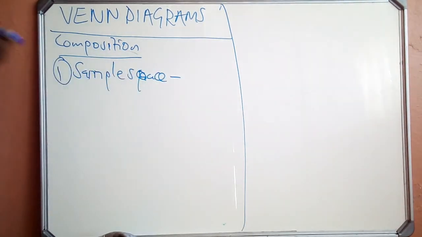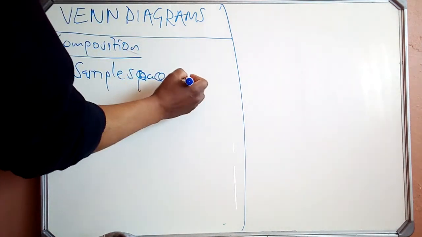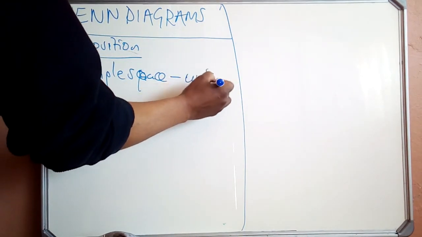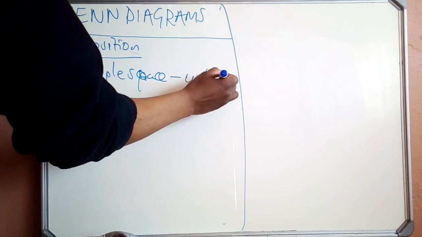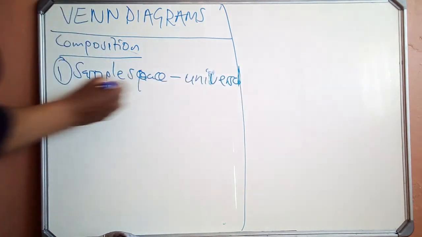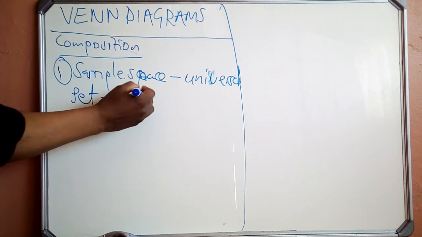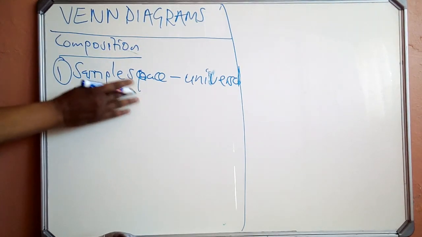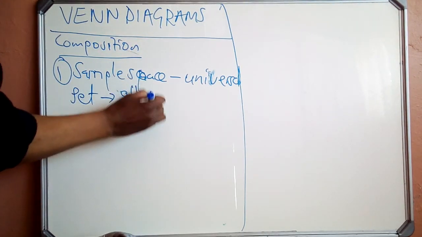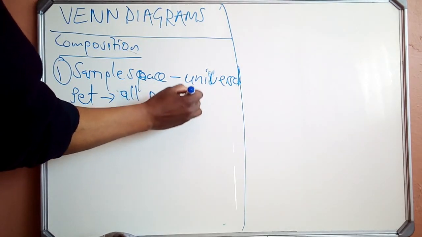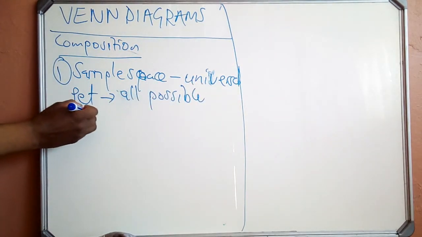Now, the sample space in most other textbooks will always be referred to as the universal set. The universal set has got all possible outcomes.